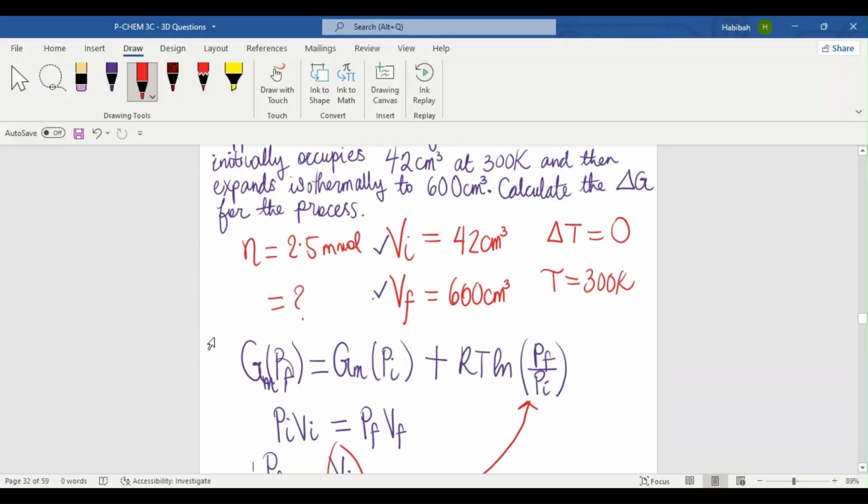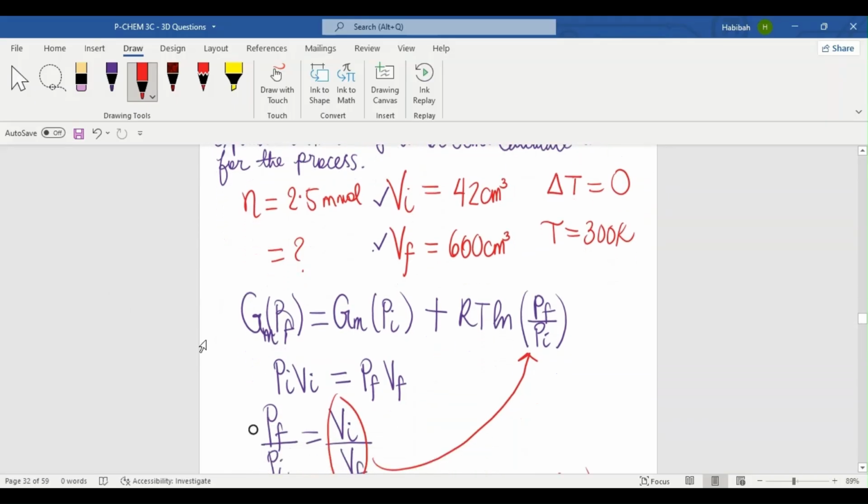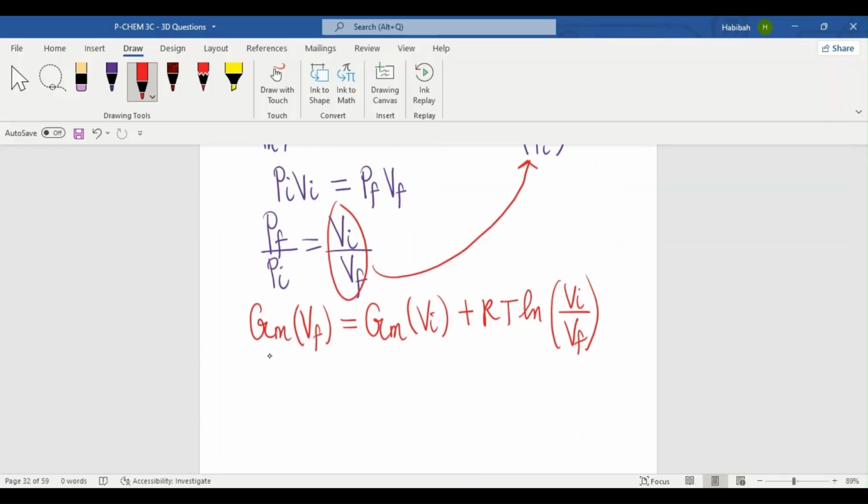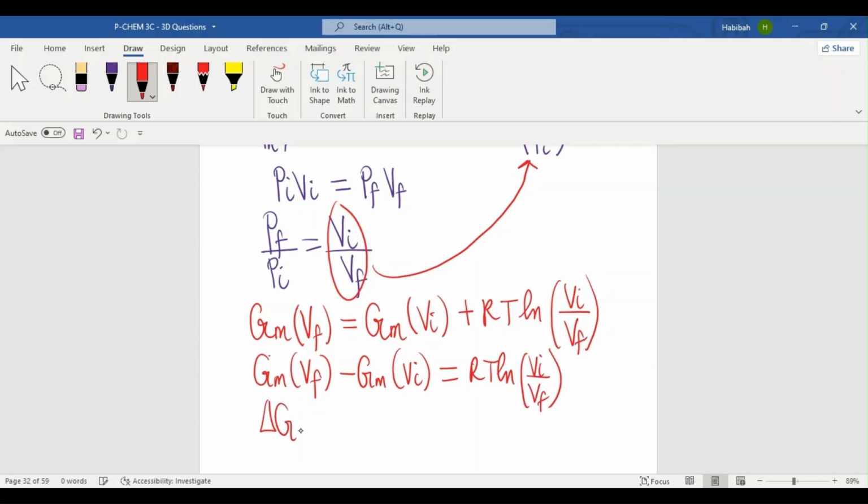We were told to find the change in Gibbs energy. So rewriting this, we have GM of V final minus GM of V initial equals RT ln V initial divided by V final. So that would be the change in GM. The change in GM is just going to be RT ln V initial divided by V final.